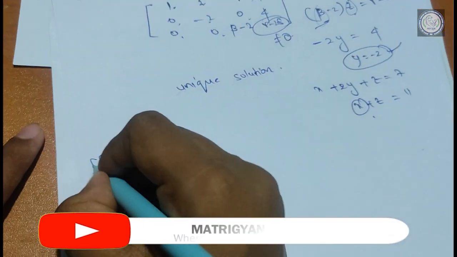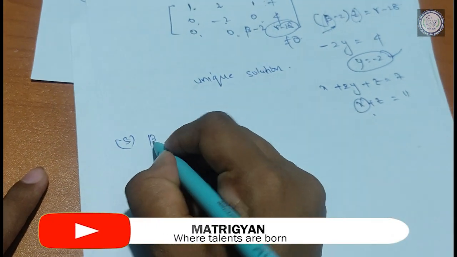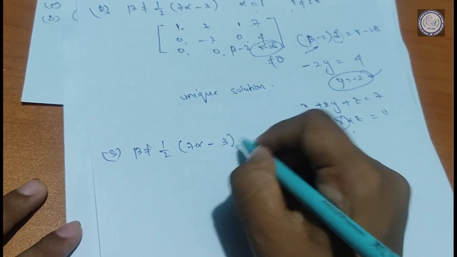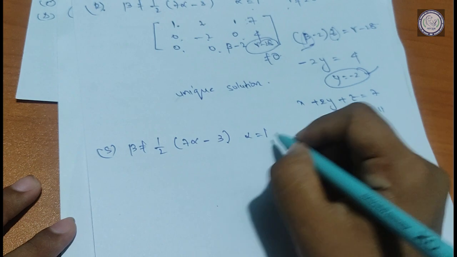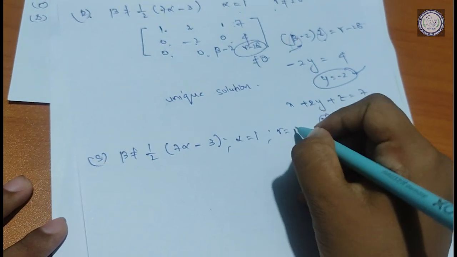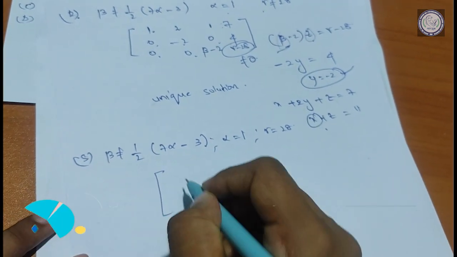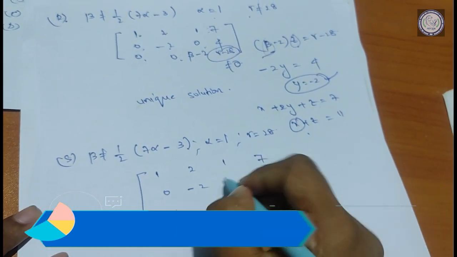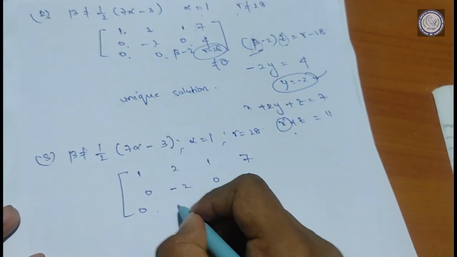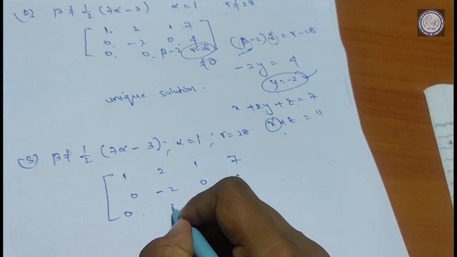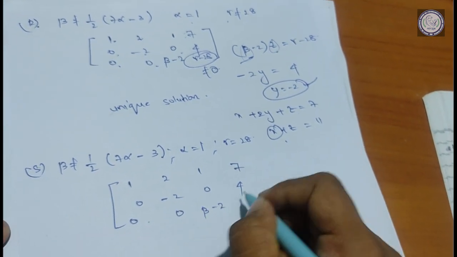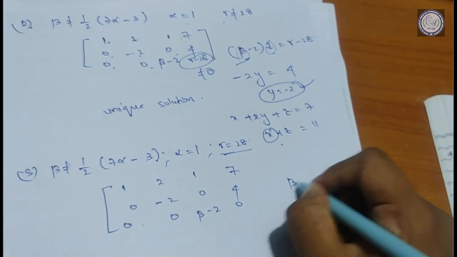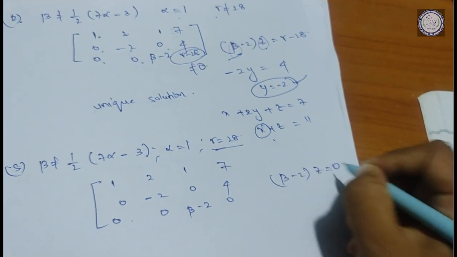Now let us solve the S part. Again beta not equal to 1 by 2 (7 alpha minus 3), alpha equals 1 and gamma equals 28. Then the augmented matrix becomes, as gamma equals 28, now it becomes 0. Then beta minus 2 into z equals 0.